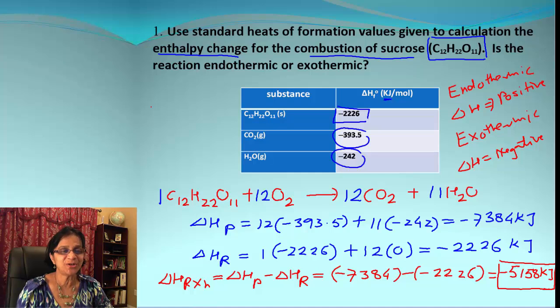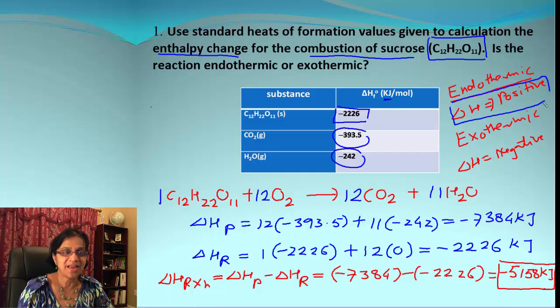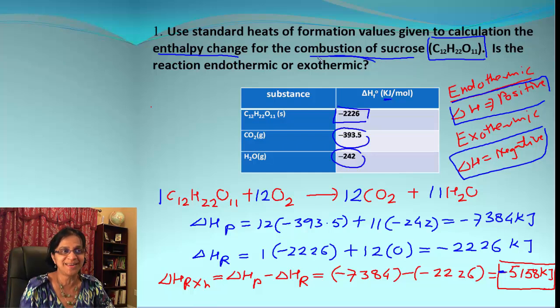I want to remind you that if the reaction is endothermic, then delta H is positive, and if the reaction is exothermic, then delta H will be negative. So the value of delta H which we got is a negative value here. That means the reaction must be an exothermic reaction. Let's move on to the next problem now.